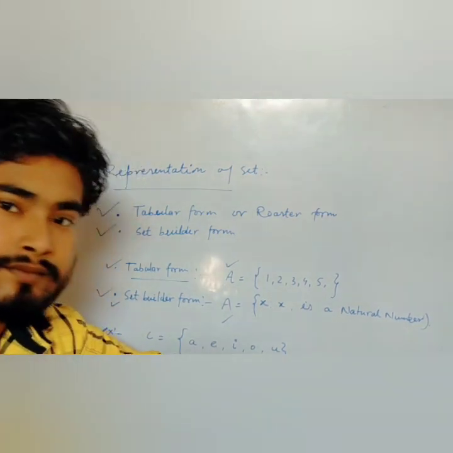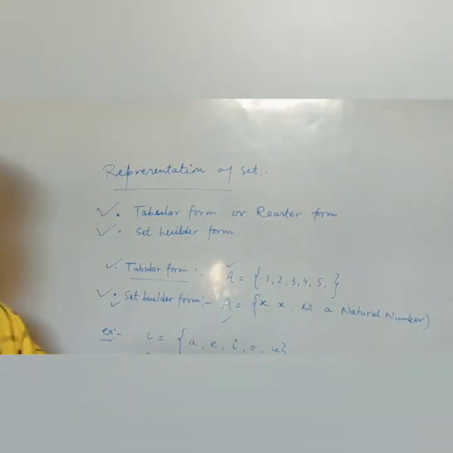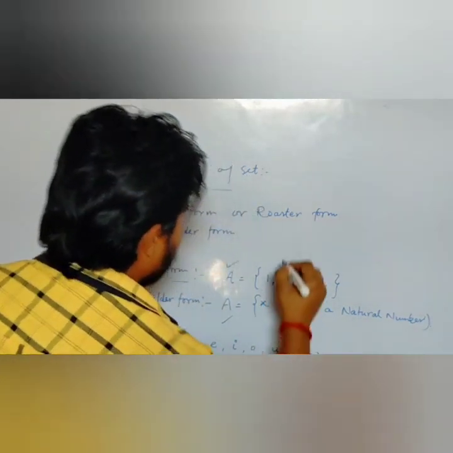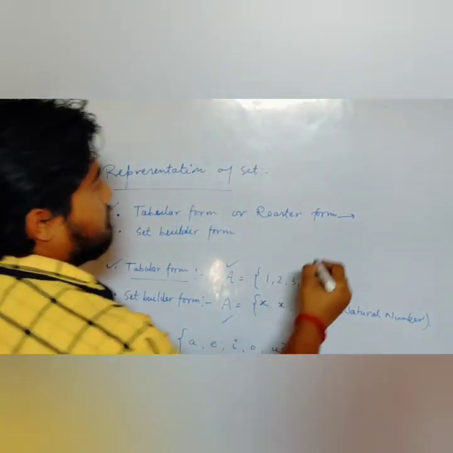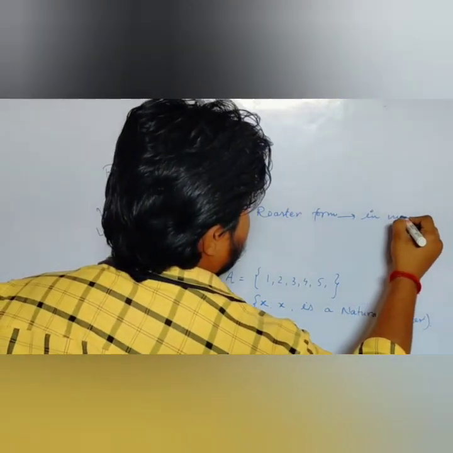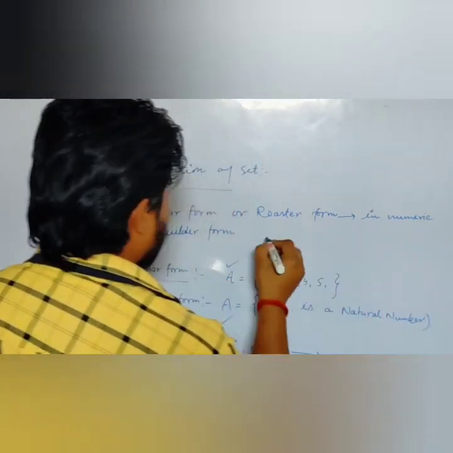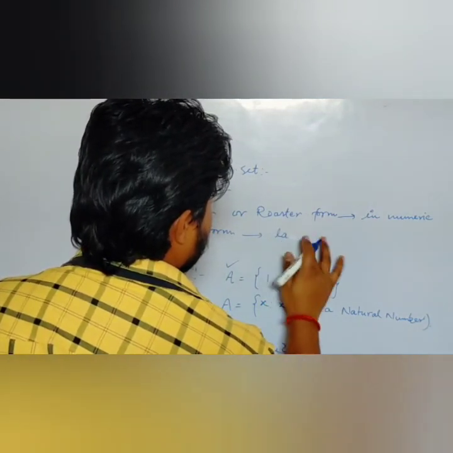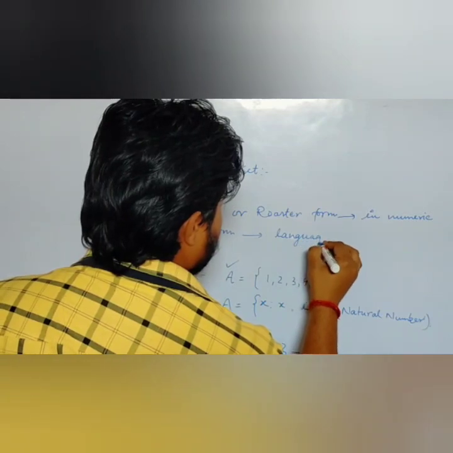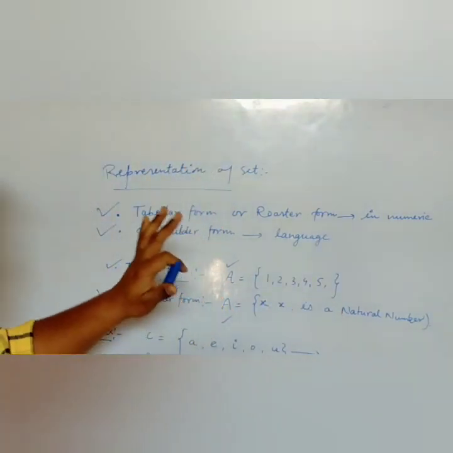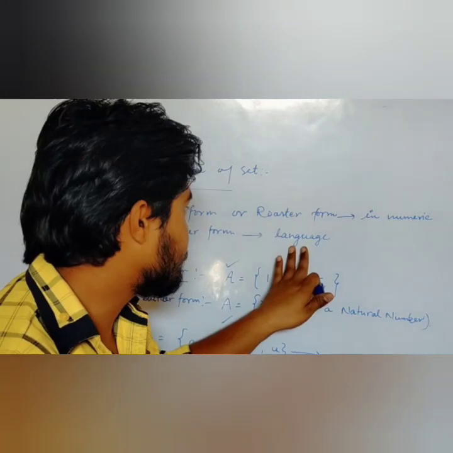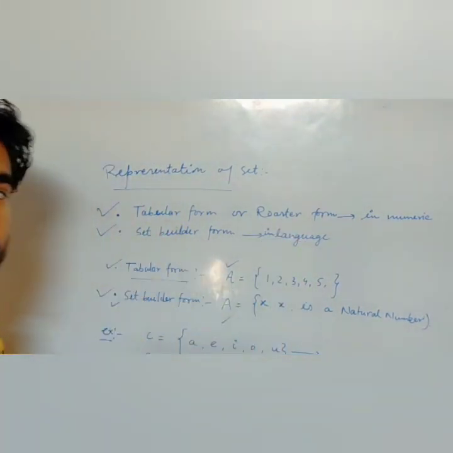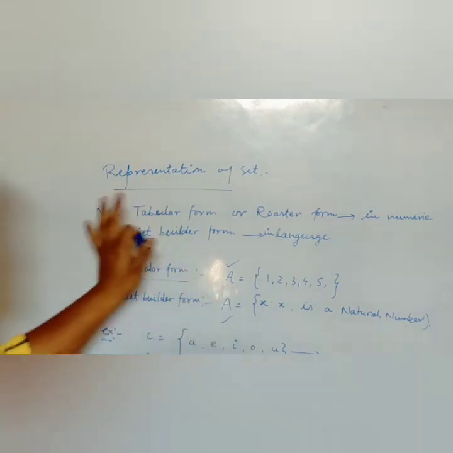This is the language form and this is the numeric form. So this is the difference between them. Tabular or roster form is in symbols, and set builder form is in language. I hope you understand this.